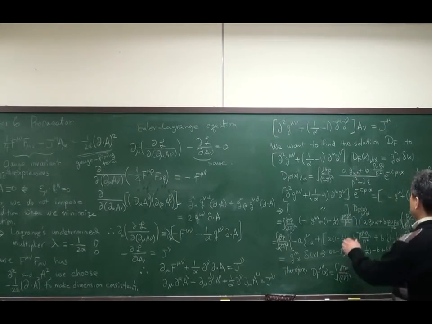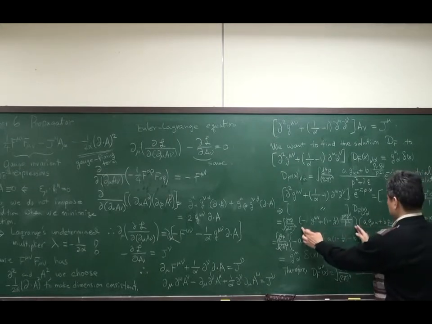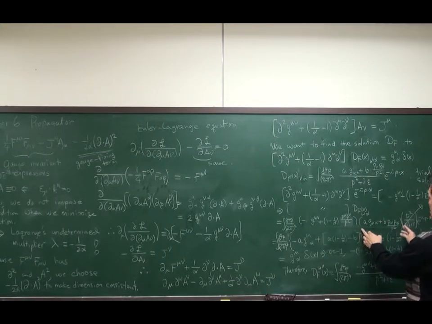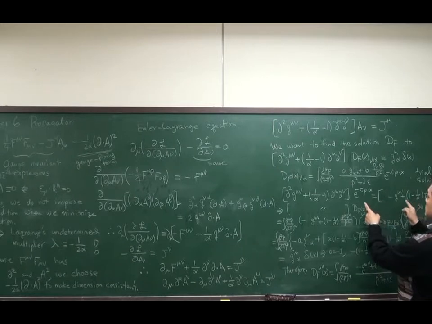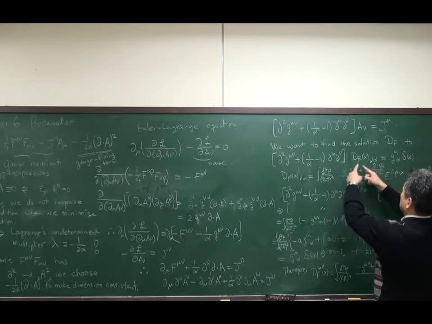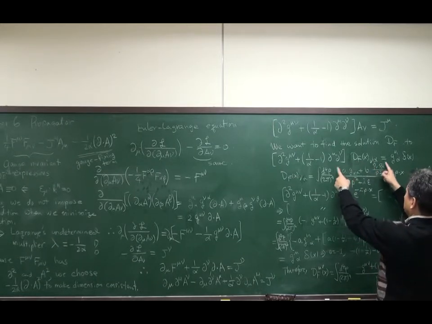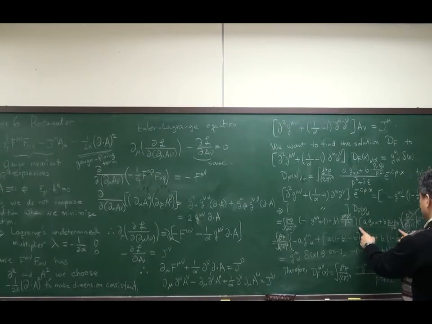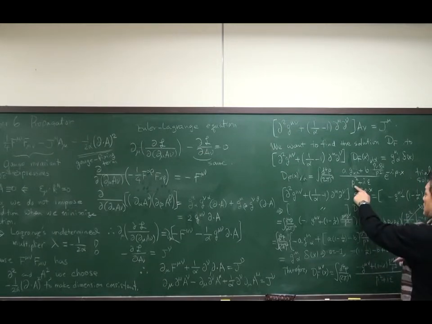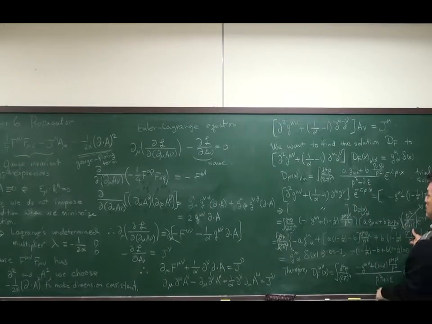Then this is the vector expression, and this one I have to substitute in here. I have p squared plus i epsilon in the denominator. But when I take the derivative of this exponential function, I get an overall factor p squared that cancels the denominator.